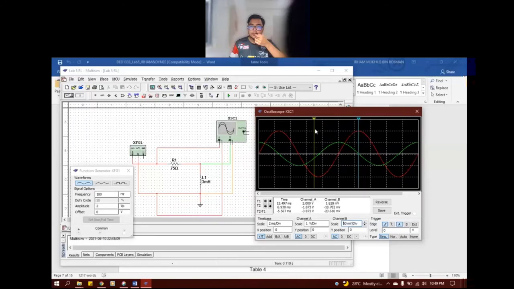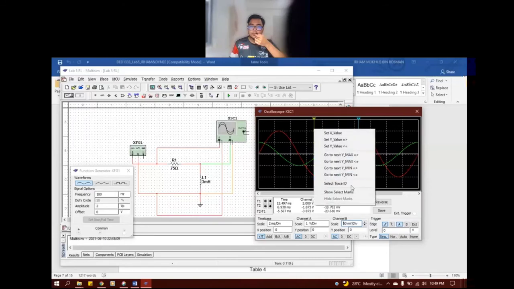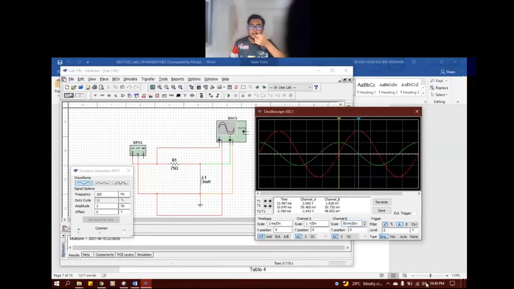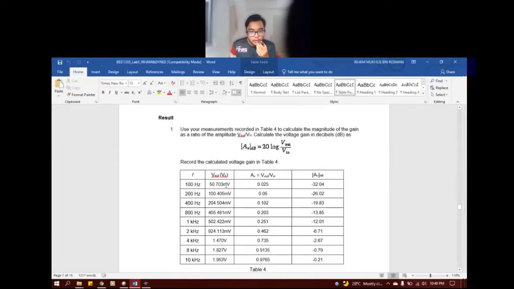Then we adjust the cursor to channel B, which is 15.730 millivolt. So we put it in the table.